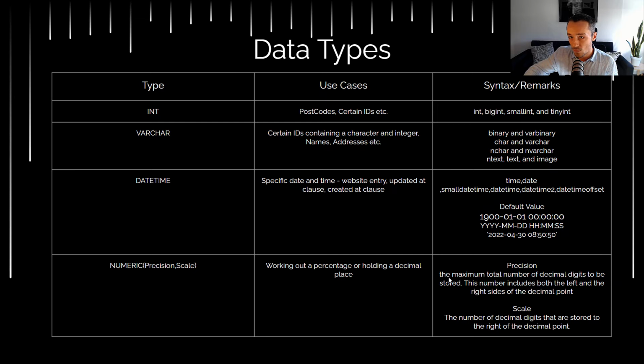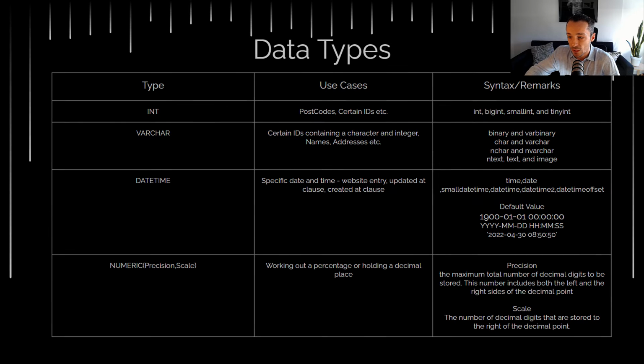When we're initializing a numeric data type, the precision is the maximum number of decimal digits to be stored. This number includes both the left and the right side of the decimal point, and the scale is the number of decimal digits that are stored to the right of the decimal point. So it may make more sense in the subsequent slides.